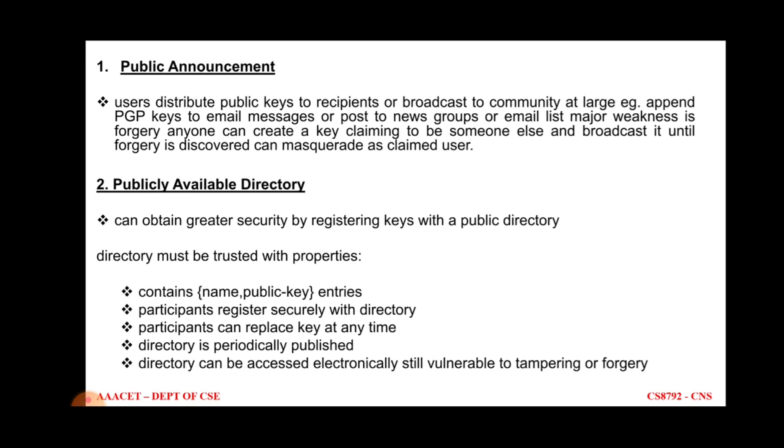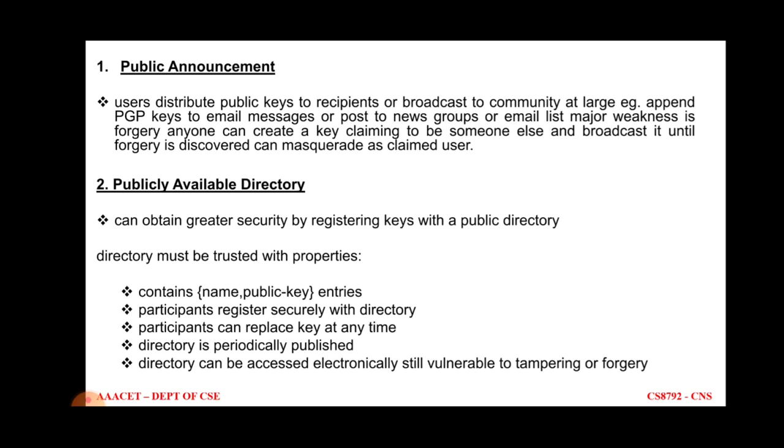The second one is the publicly available directory. It can obtain greater security because there is one directory. Each and every one has to register their key in a directory, so for their purpose, they can retrieve the particular key from that directory by using some information.